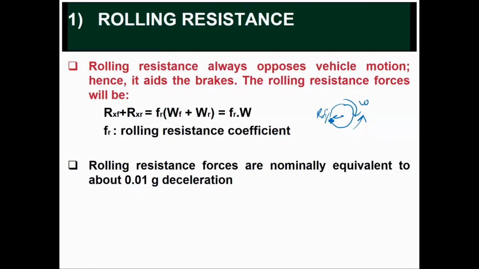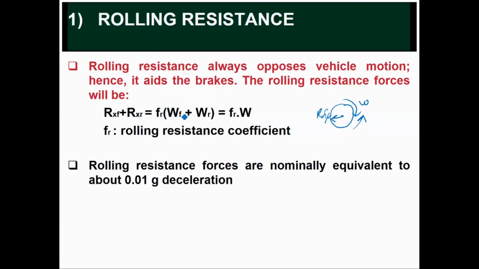RXF atau R lah. Okay, this is the equation. RXF, this is the total lah. Kita ambil total rolling punya resistance. RXF equal to RXR. RFX is the rolling resistance force at front axle, front tire. Kalau XR ni ialah at the rear. Equal to FR. FR is the coefficient, rolling resistance coefficient.